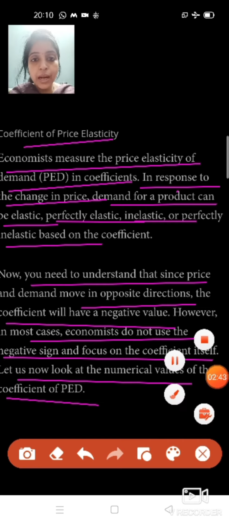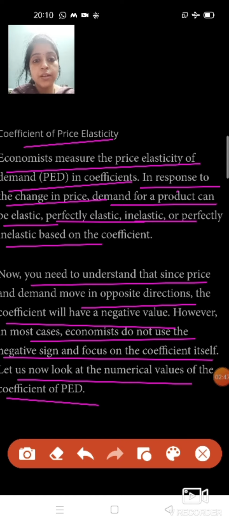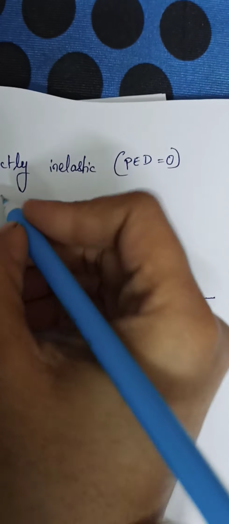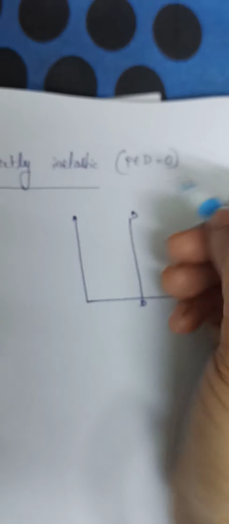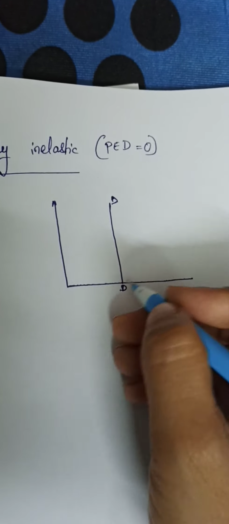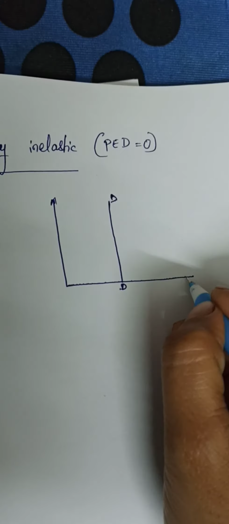Now I am going to describe the coefficient of price elasticity of demand in a diagrammatic way. First, perfectly inelastic. The shape of perfectly inelastic is in this way.